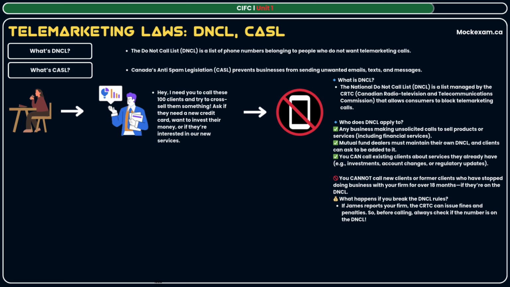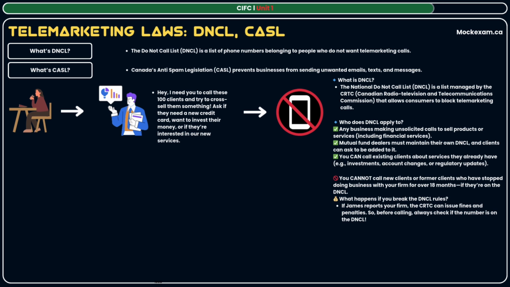So before calling, always check whether the number is on the DNCL list of your corporation and the CRTC. This is funny because every day I personally get lots of scam calls and texts, and it's weird that Canada couldn't prevent these scammers. I think it shouldn't be that hard.